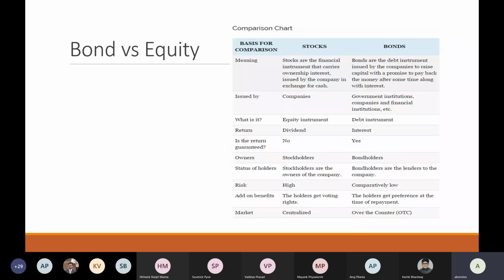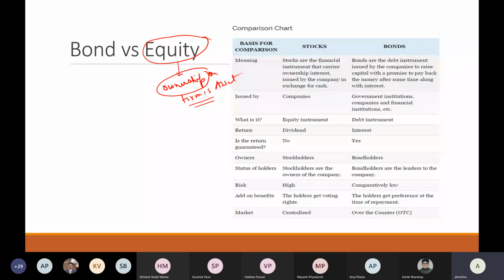When we talk about the characteristics of equity, when you purchase a share of a company's equity, which we call a share or a stock, remember, it represents your ownership on the firm's assets. When the company is issuing equity, it is saying we need capital, and because you get ownership, you become a partner in the firm's assets.